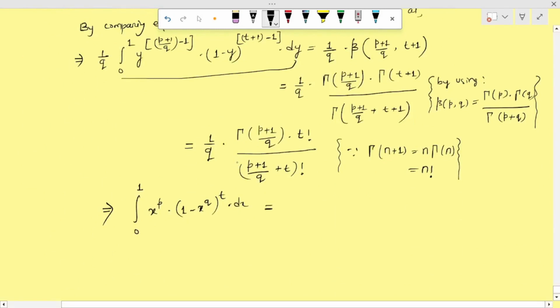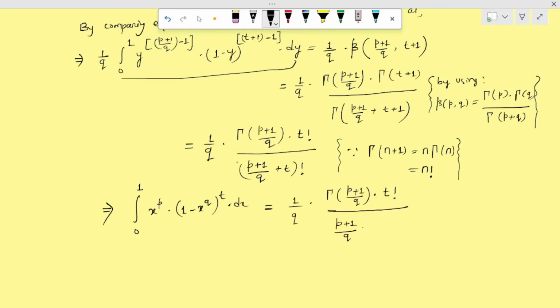What we found finally is 1 by q into gamma p plus 1 by q into t factorial, whole divided by p plus 1 by q plus t factorial. You just remember this expression.